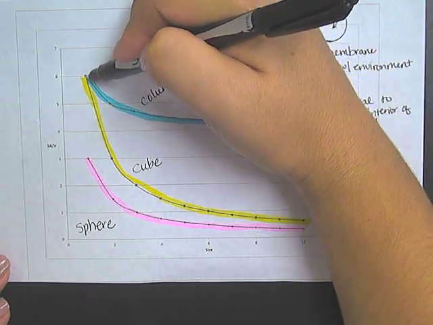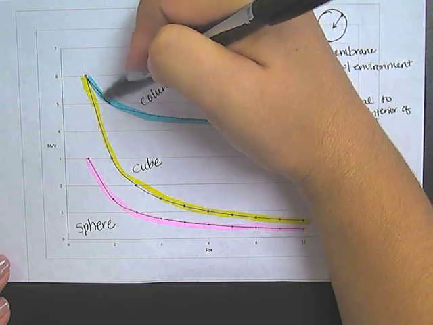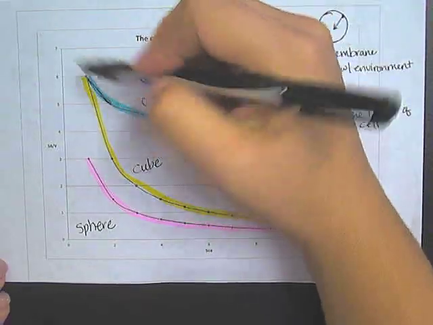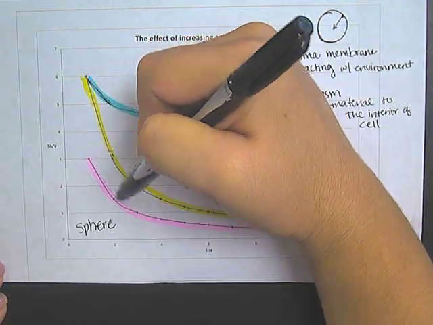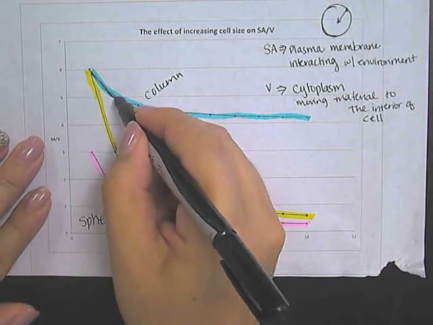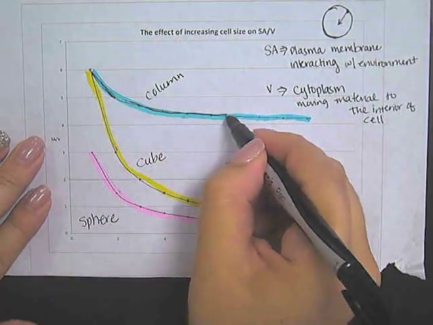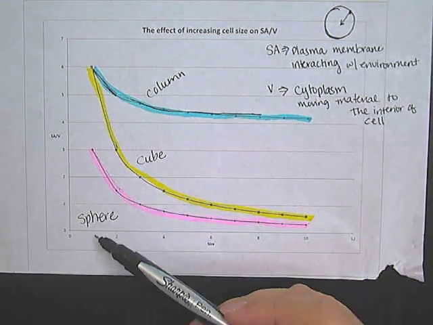So the slope of this part of the line is much, much gentler. It's not as steep as the slope of this part of the line or of this part of this line either. And then you'll notice that it begins to taper off. It begins to level out much faster than it did with the cube or the sphere.